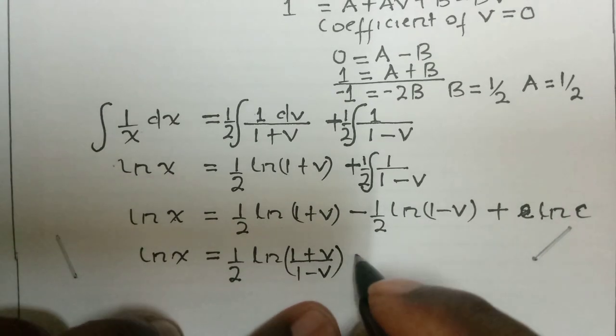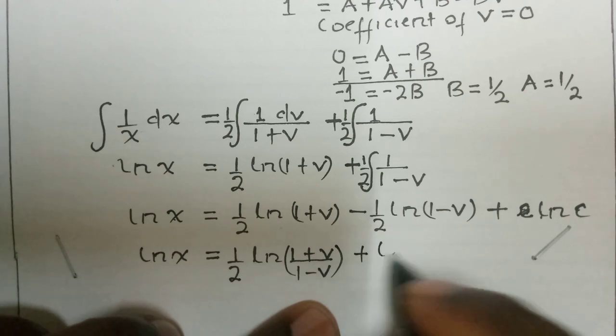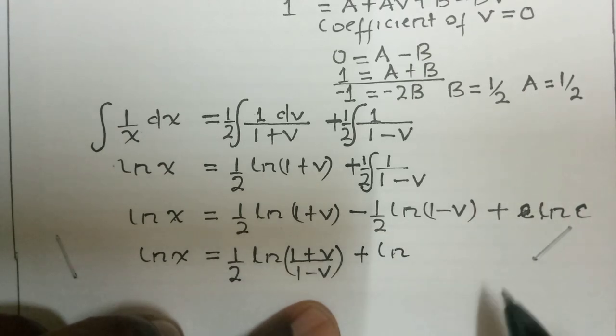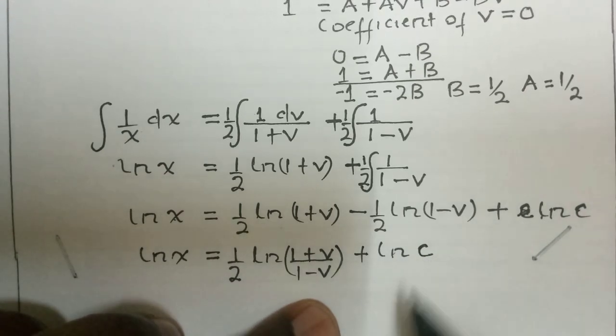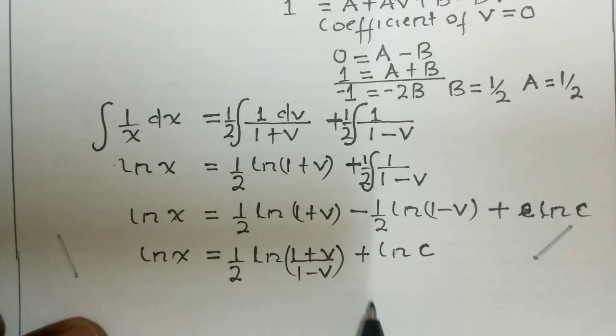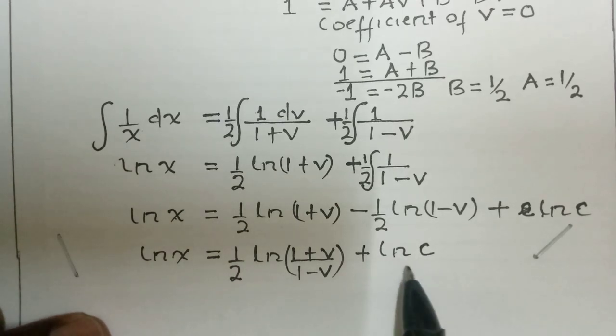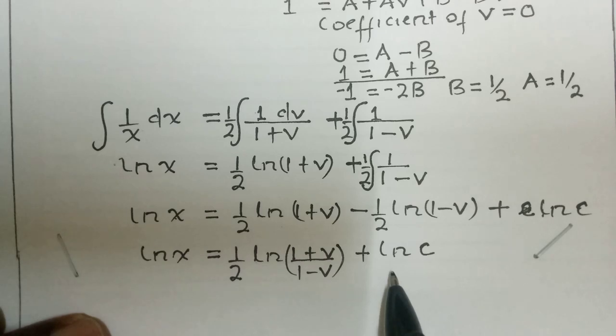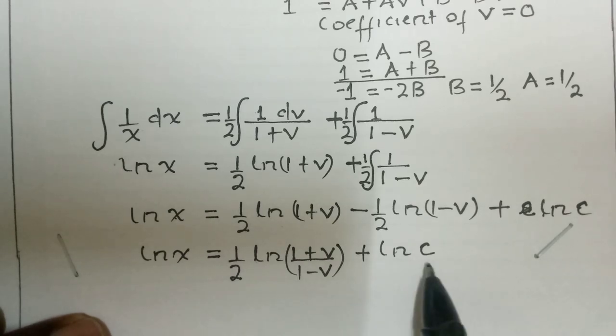Plus now our ln c, which we have said it is not compulsory that we write like that, but I'm just trying to modify the equation. It's okay even to write it as c.